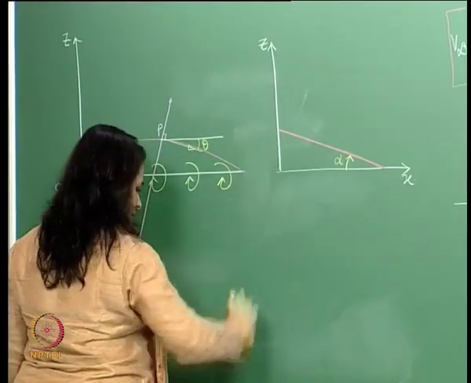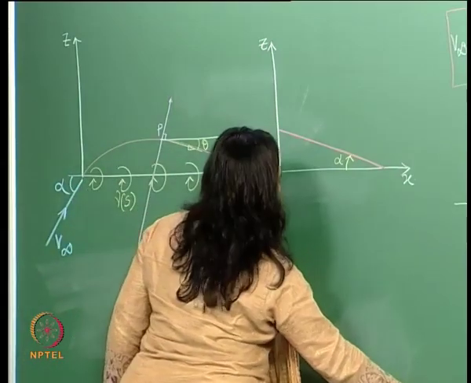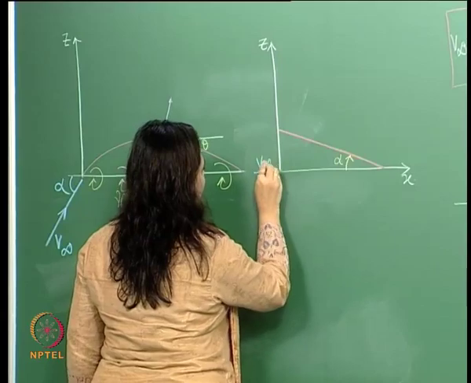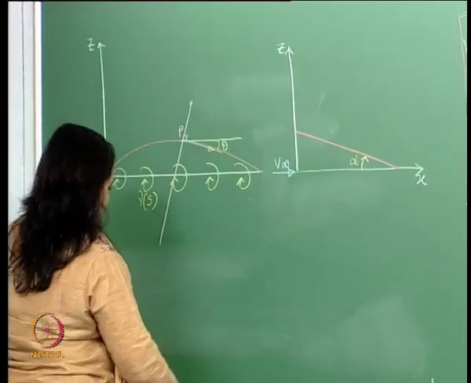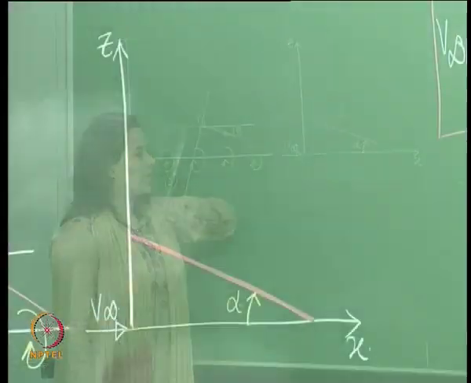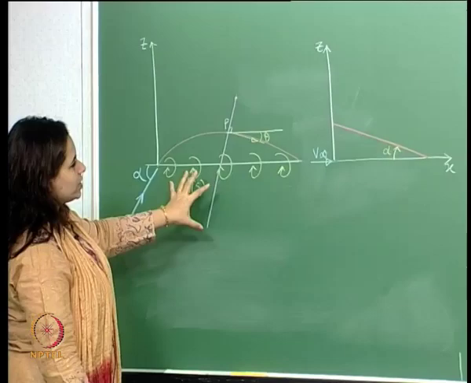So, what we are saying in this particular case is that we have a free stream which comes like this. This is my free stream. So, you see here this actually is now the streamline, and compare that with this over here.